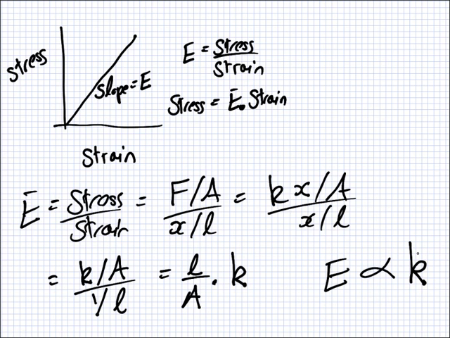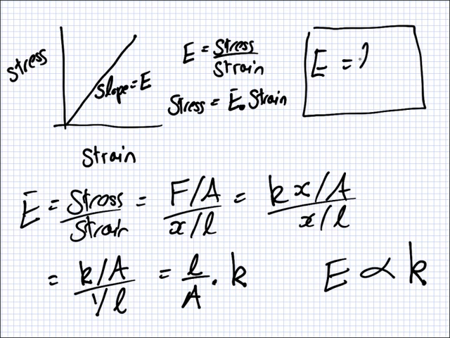Okay. Now, it's not in the formula book, but sometimes it's useful to know the relationship between E and K. So, actually, let me put it in a box here for you. E is LK over A. That's sometimes a useful little thing to know.